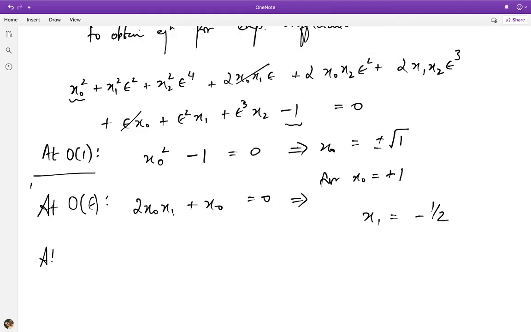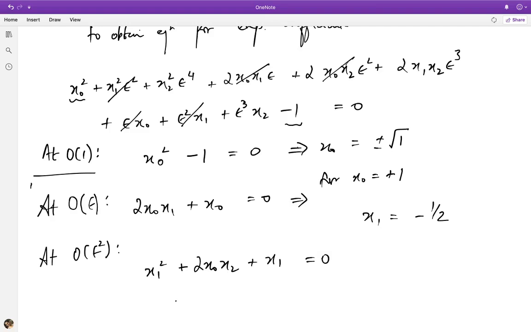And then I can similarly go to order epsilon squared now. Which are the terms I would get? I get x1 squared. This term is too small. I get plus 2 x naught x2, where x2 is what we want to find out at this order. This term is order 3, and I have plus x1, and this term is too small. So this must be equal to 0.